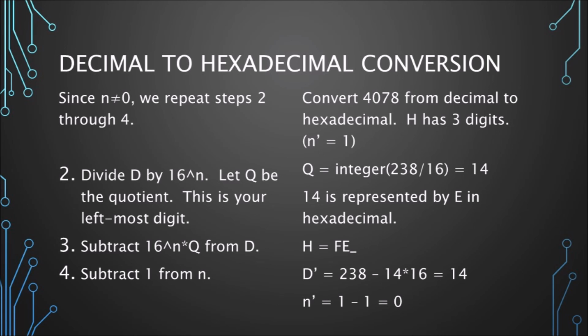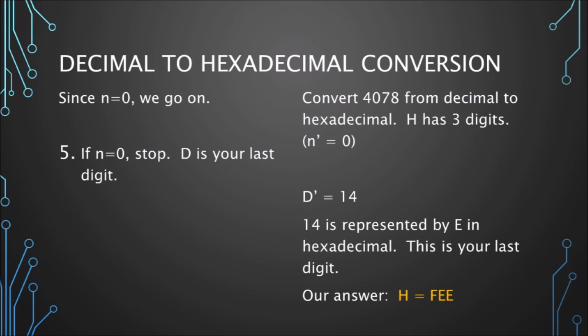With n equal to 0, we can proceed to step 5. With D now equal to 14 and n equal to 0, our last digit in our answer is E. Hence, the hexadecimal representation of our decimal 4078 is FEE. And thankfully, this is not a fee to be paid.